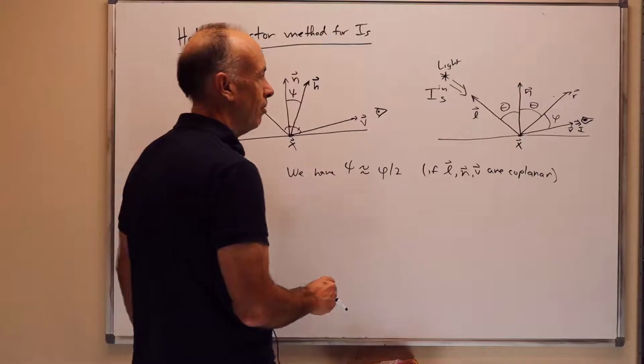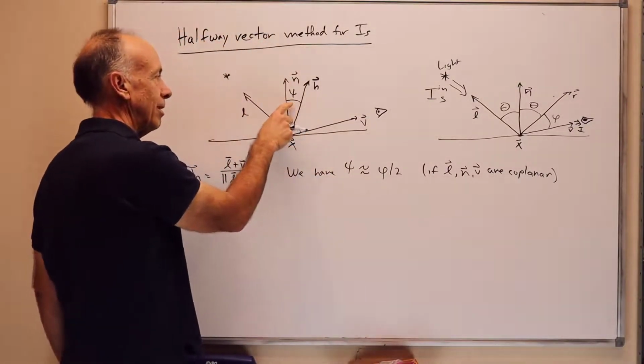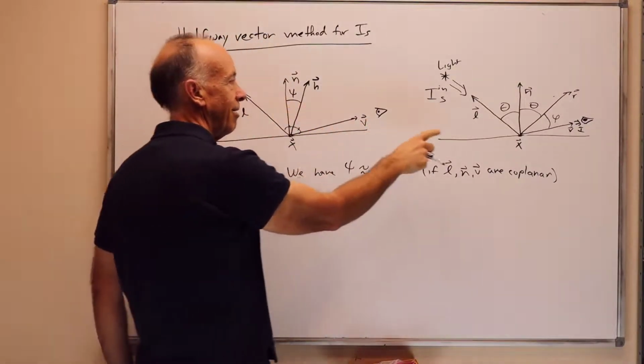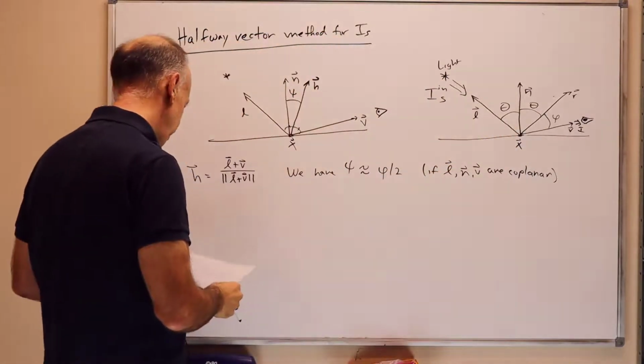So for the purposes of thinking about the halfway vector, we just think of the angle psi as about half of the angle phi.